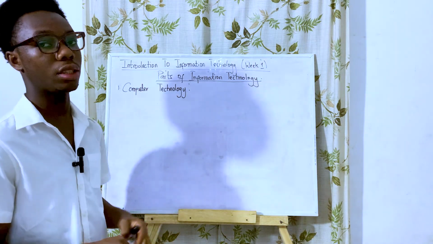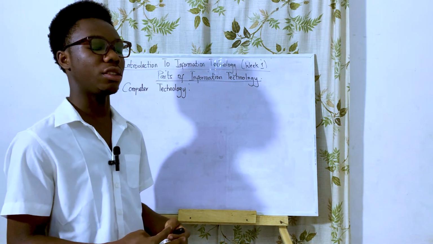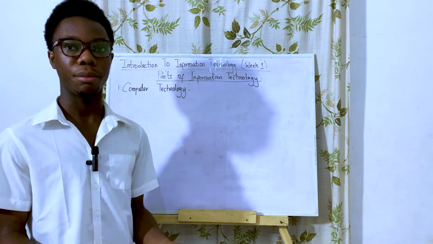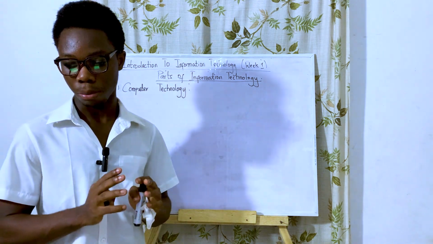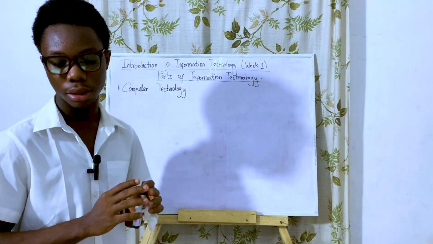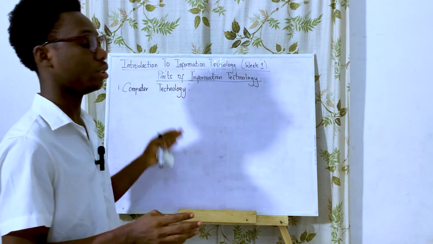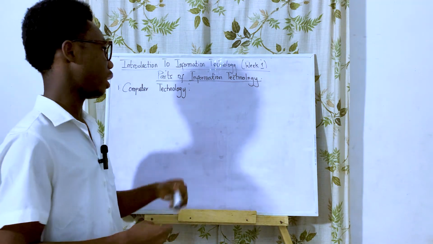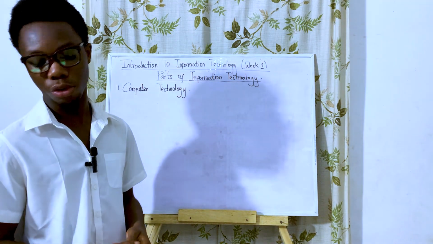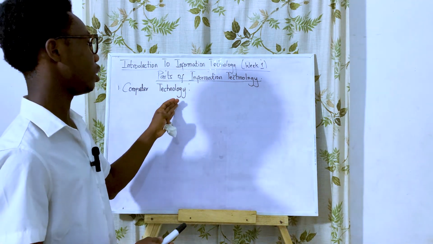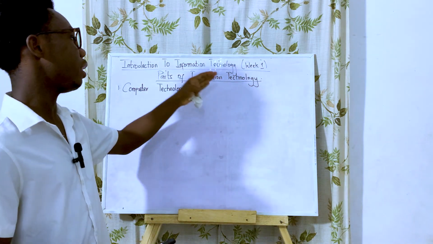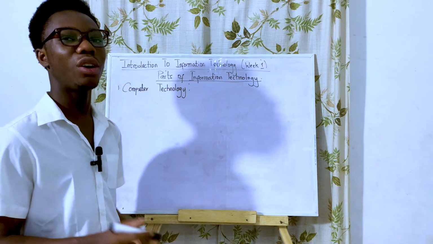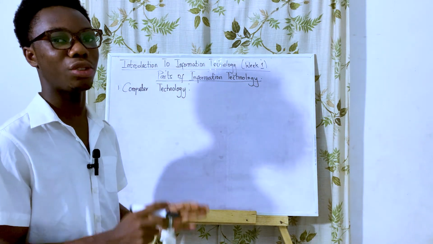We have computer technology. What is computer technology? Computer technology is programmable and multi-use, and it's a machine. When we say a computer is programmable, we mean the computer only understands a set of instructions.